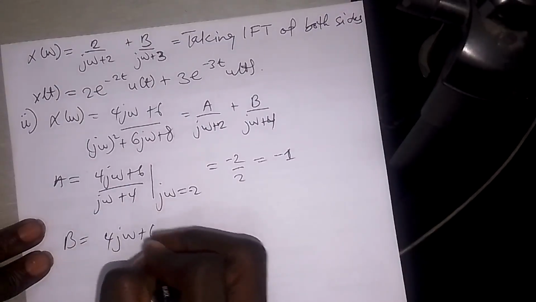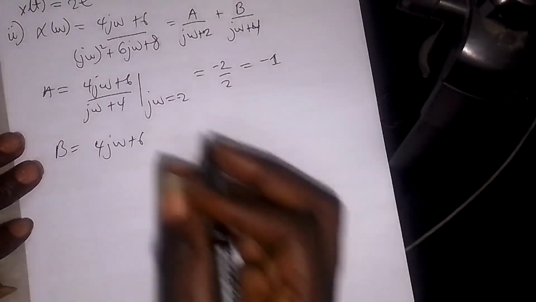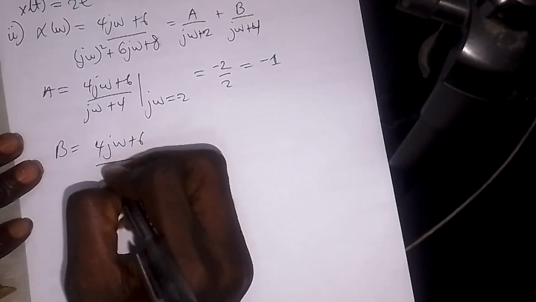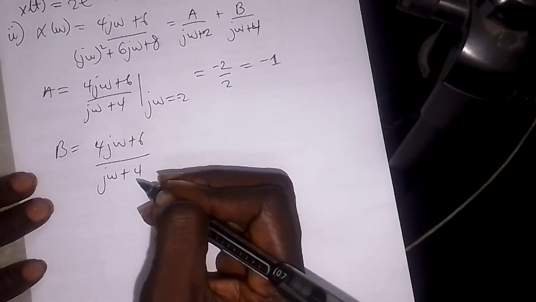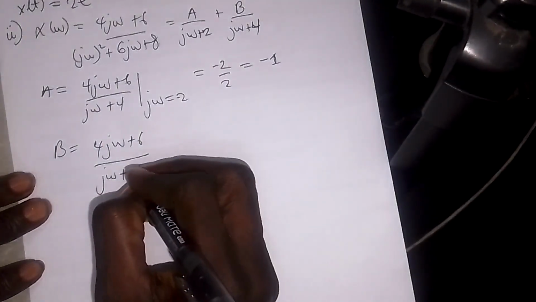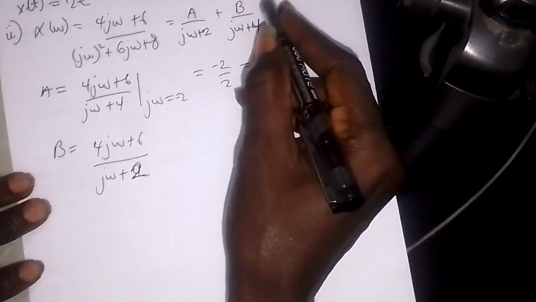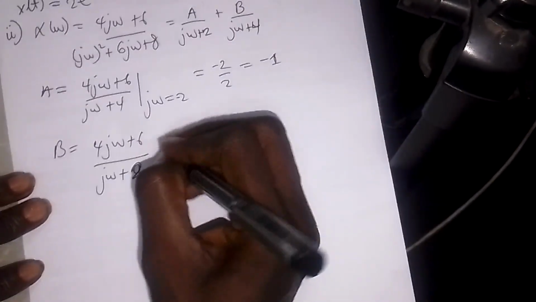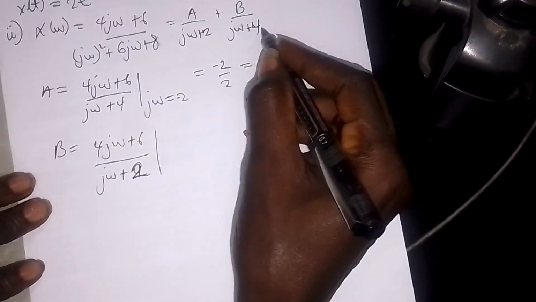Here B is equal to 4 j omega plus 6 over j omega plus 2, because the j omega plus 4 will cancel out. Then I'll insert j omega equals minus 4.